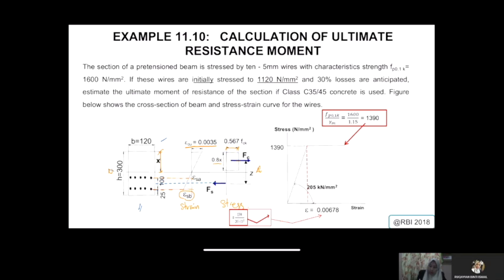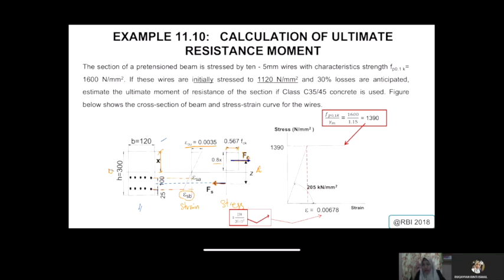This is the force of your concrete, which acts at the center of the block. And you also have the force for your steel.